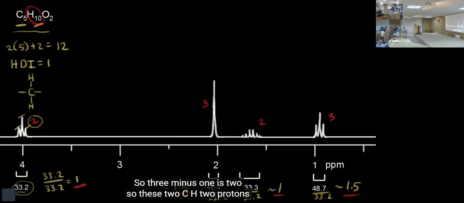Because of the electronegativity and the presence of a double bond of the neighboring atom, you have to think about what would be the chemical shift and what would be the effect if there is a direct oxygen attached to it.